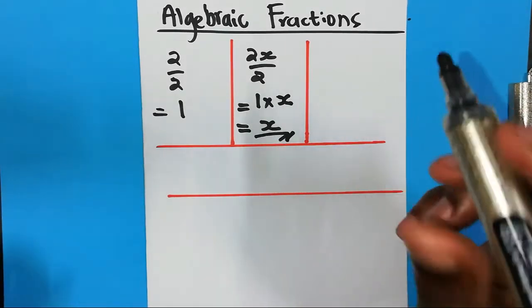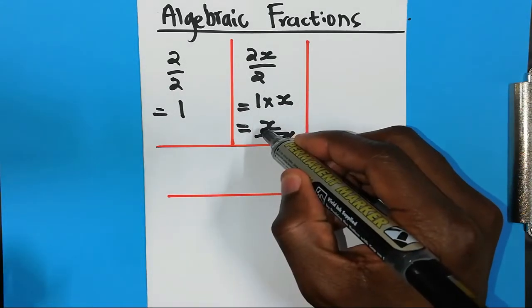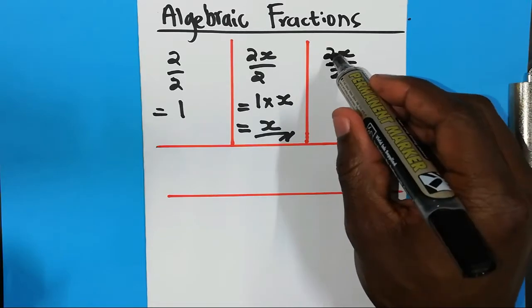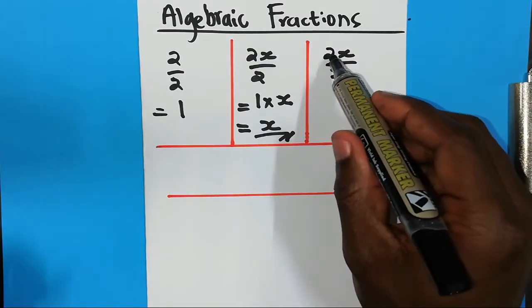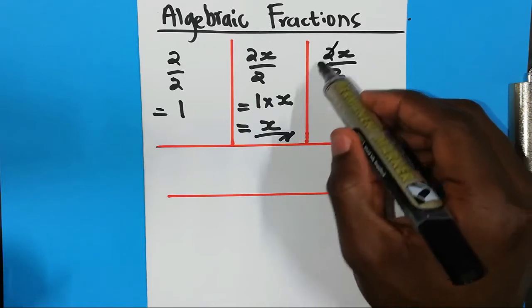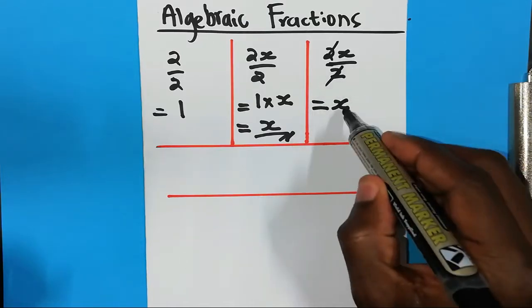All right. Now, there is a hack that you can use to avoid going through this step. So if you have 2x over 2, since the 2 in the numerator is the same as the 2 in the denominator, you can cancel these 2. Therefore, you will go straight to x.